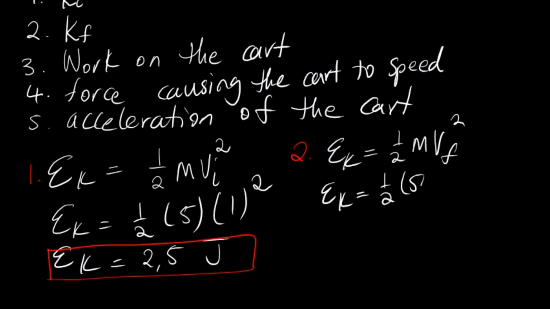Half 50, and then the velocity from 1 meter per second to 2 meters per second squared. We punch this on the calculator, so we have 0.5, 50, 2 squared.